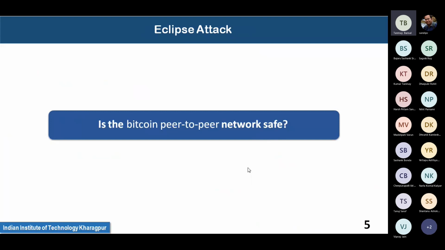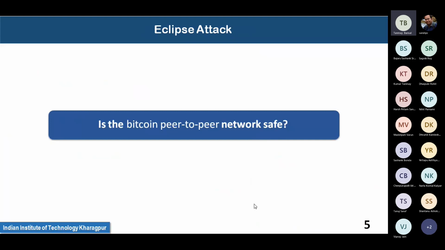These two are also available in the respective papers, which are in the last slide. The attacks that we talked about so far are related to the basic, high-level protocol of blockchain. They are not so much about the underlying network infrastructure.